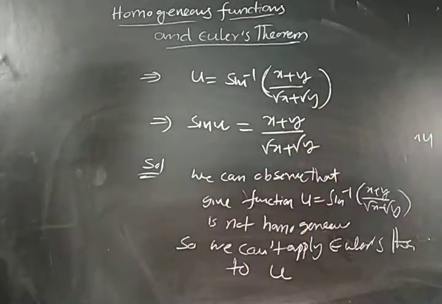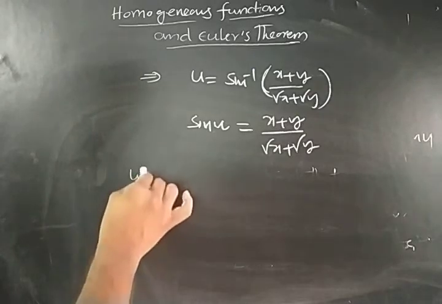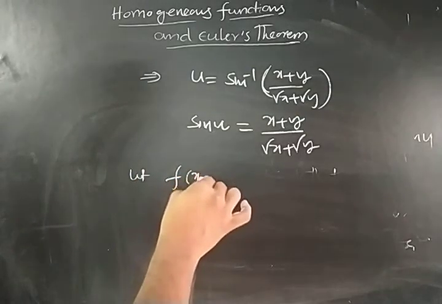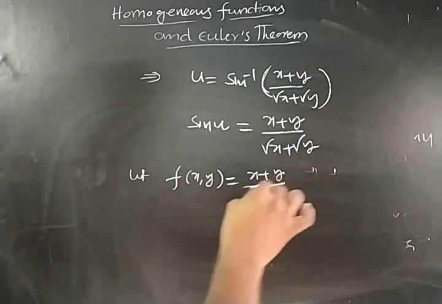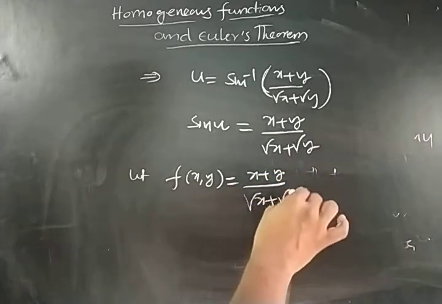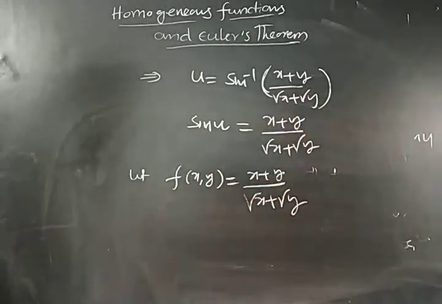Now I am assuming sin u as a function in x, y. Let f of x comma y be equal to (x plus y) by (root x plus root y). So here f of x y is nothing but sin u.